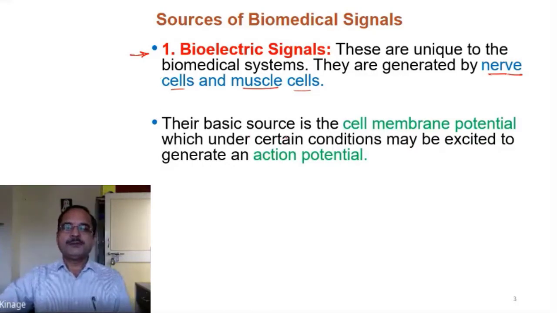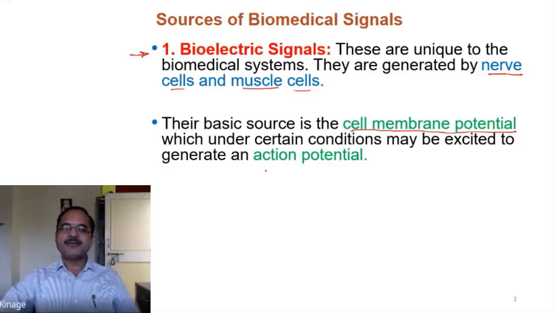Now the source of these bioelectric signals is the cell membrane potential. Later on, we'll discuss this in more detail. The cells of the nerves, the nervous system and the muscular system produce a potential, called the cell membrane potential, which under certain conditions may be excited to generate an action potential.